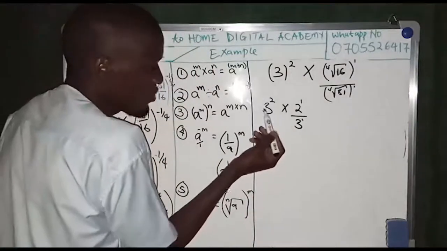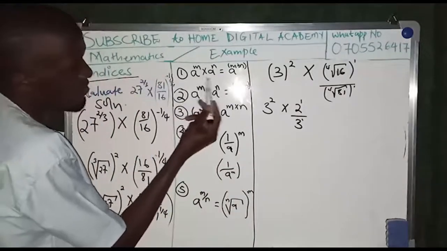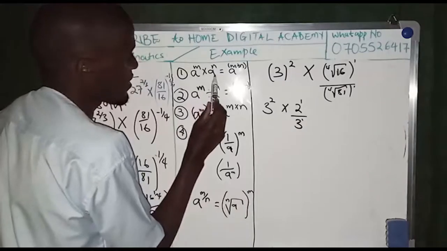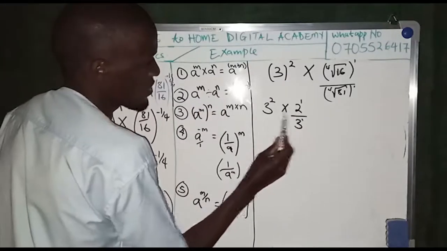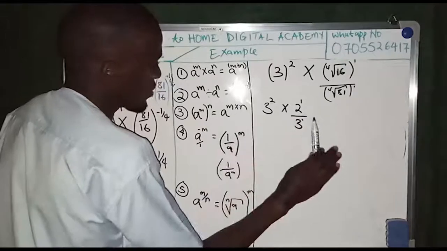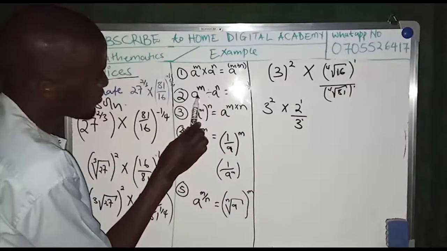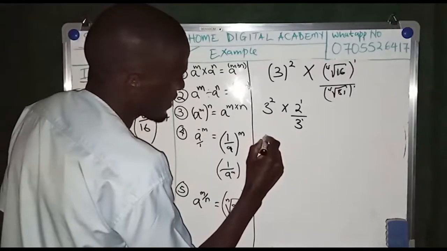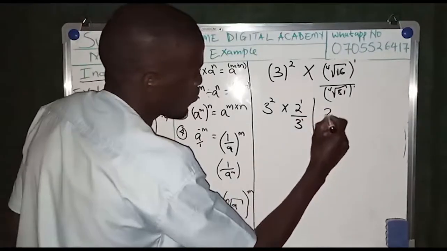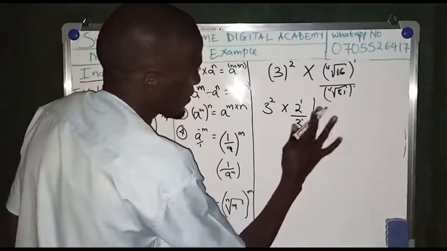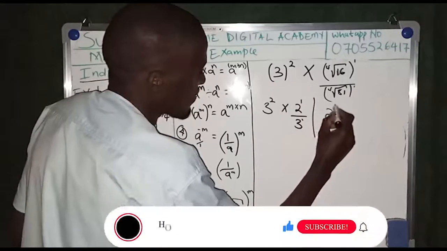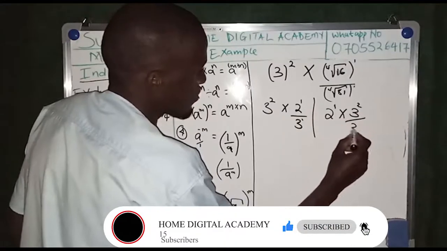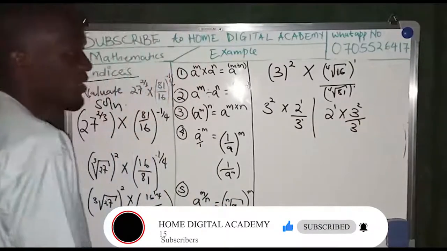So this is dividing the whole thing. Now you can't use the multiplication, this one, and you add these powers. It can't be, because these must be the same. So 3 is not the same as 2, so you can't do that. But you can use the division sign here, because this one is dividing the whole thing. It is the same as writing this as 2, as even if I say 2 times 3 to power 2 divided by 3 to power 2, it is the same, to give you the same answer.